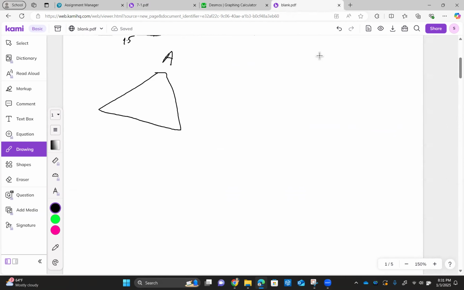When we have triangle ABC, with sides B, C, and A, the area of this triangle can be calculated using 1/2 times B times C times sine of angle A. So basically, you multiply these two sides by the sine of the included angle, the angle between the two sides you're using, and then multiply by 1/2, and you will find your area.